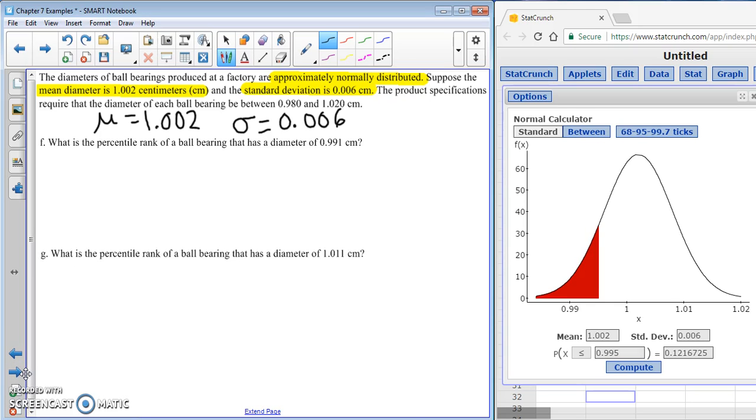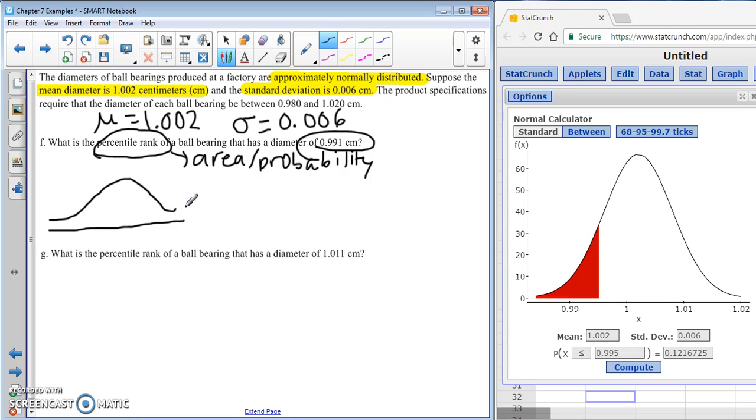So now we're looking at percentile ranks. So we want to know what is the percentile rank. So now we're looking for the area or the probability for a ball bearing that has this. 0.991 is below the mean, so just a rough sketch. And then our area here. This value is 0.991.